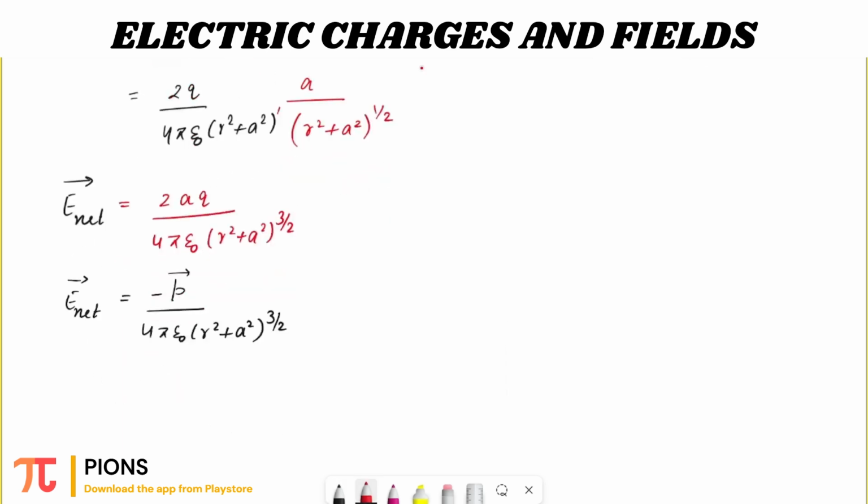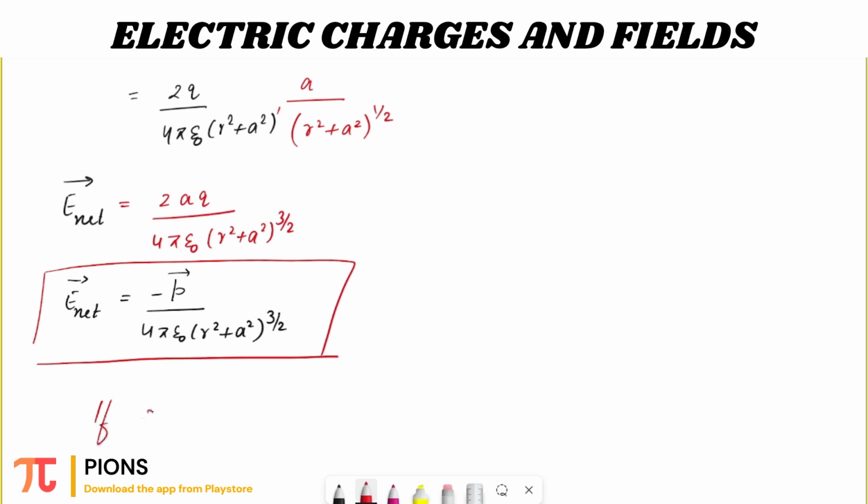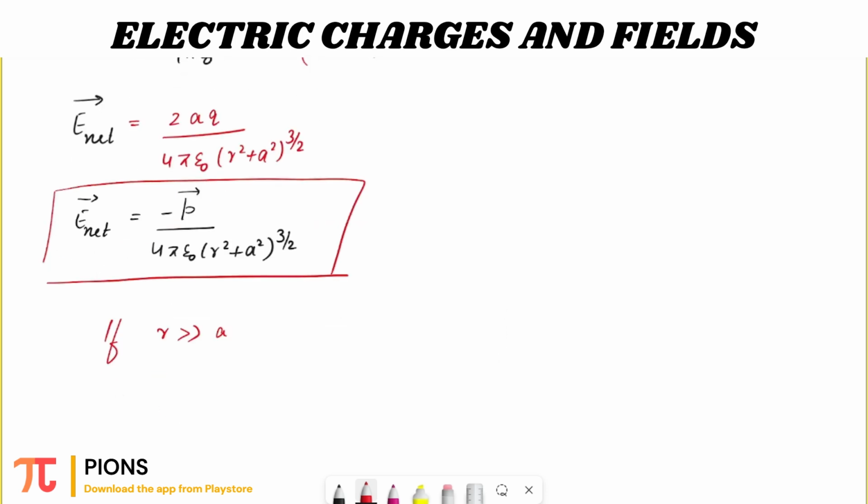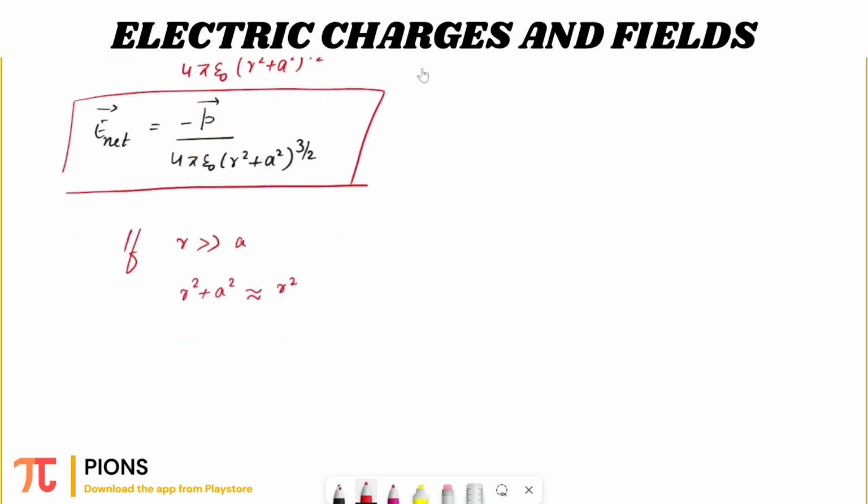Now, this is our actual electric field, but we will use an assumption that if we are finding very far away from the dipole, the electric field on the equatorial plane, then r will be much greater than a. And in that case, r square plus a square will be approximately r square. Let's substitute this value in this electric field.